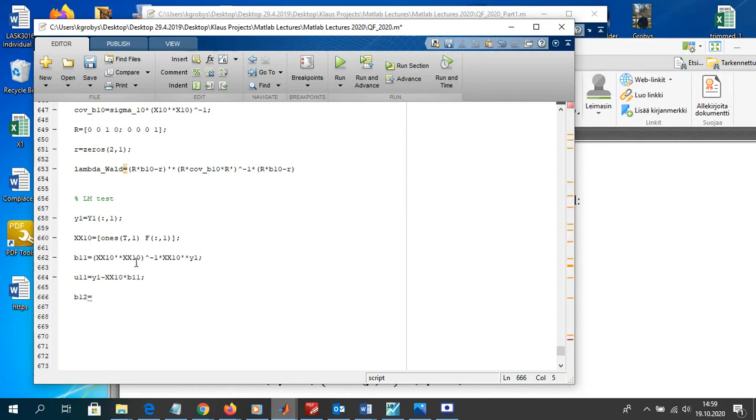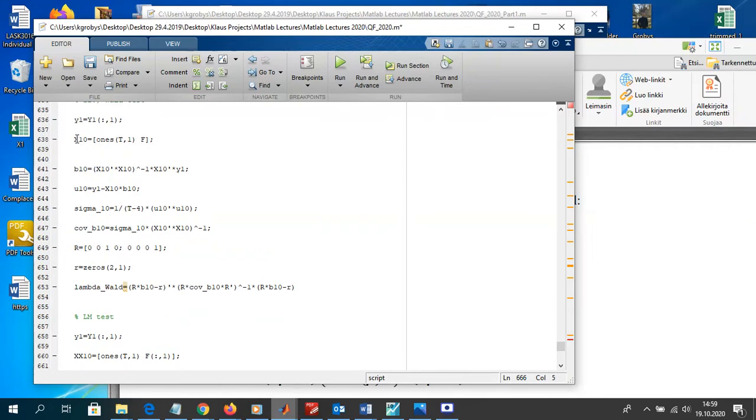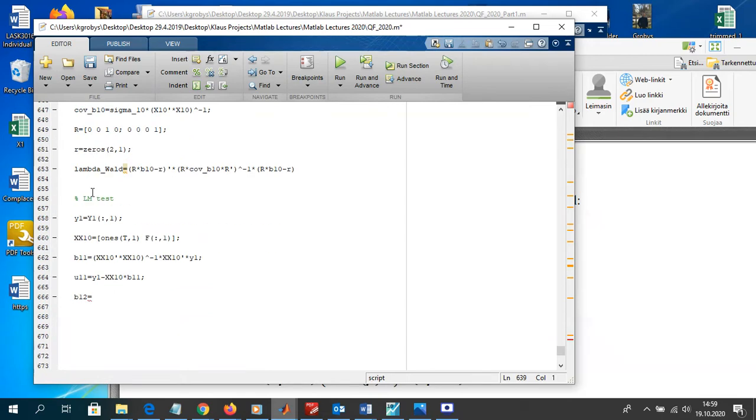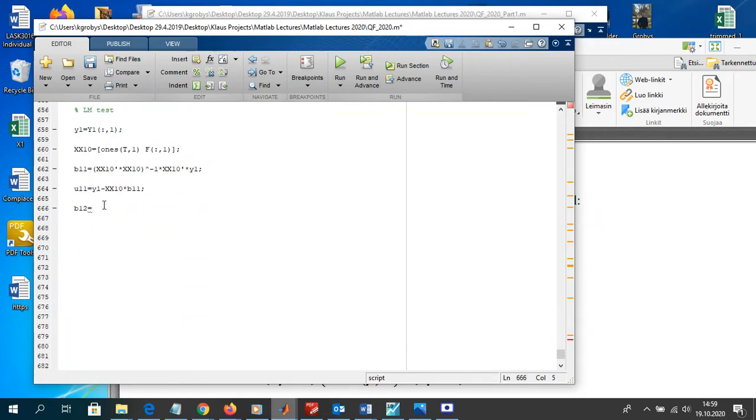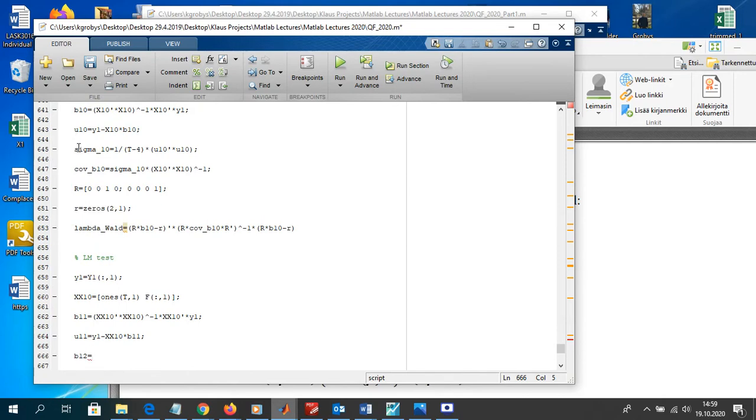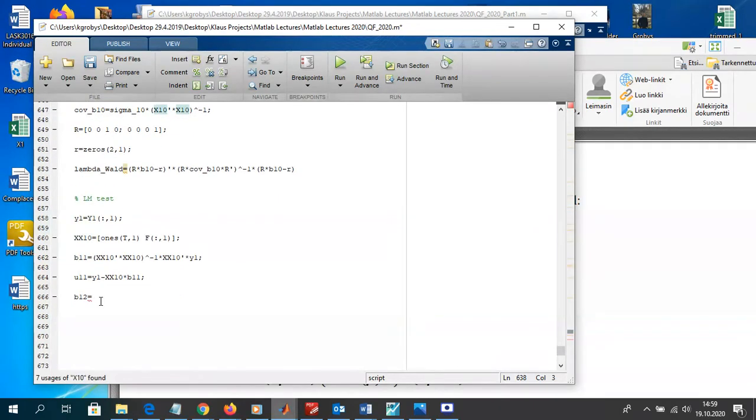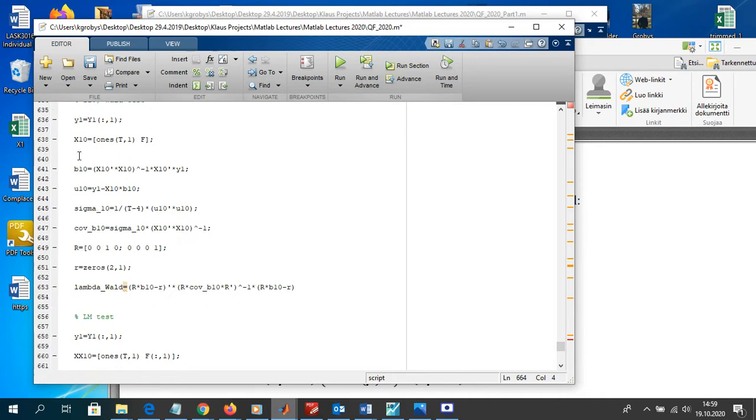We have defined earlier here the matrix of the alternative model. It has a vector of ones as the first regressor, and the three risk factors of the Fama-French three-factor model are also herein. So our X10 is the corresponding regressor matrix of the alternative model. We could define it here one more time, but we know it's already in the workspace, we can just retrieve it. So we have to regress this residual vector on the regressor matrix of the alternative model.